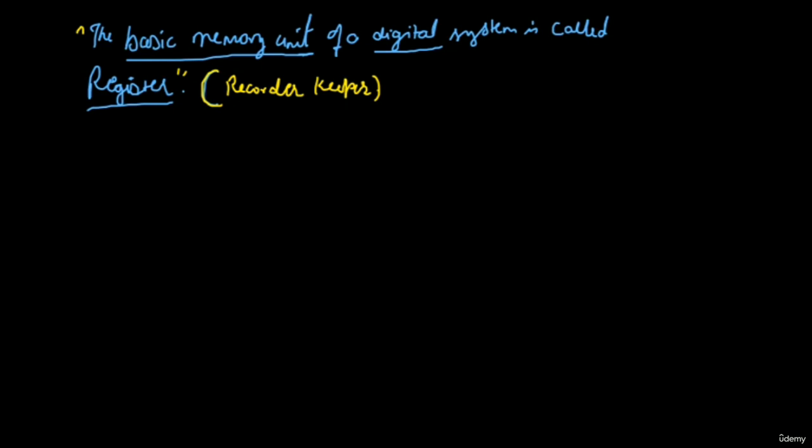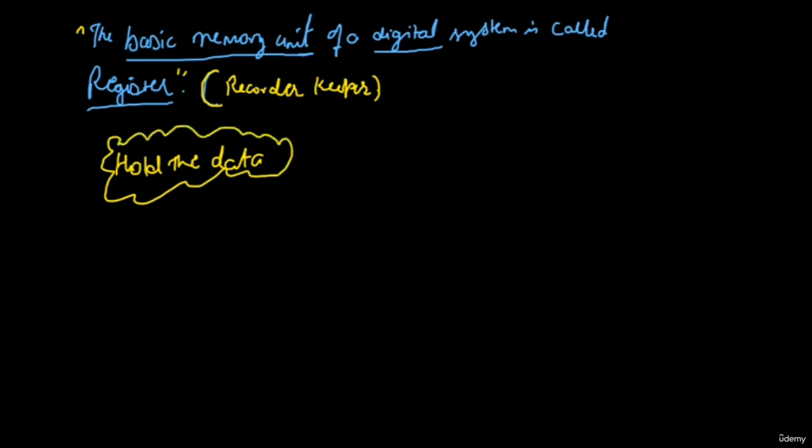Now, registers are used to hold the data as we discussed, and transfer the data required. Maybe this is the third time we are discussing the same thing, but don't worry, things come up in a different way.